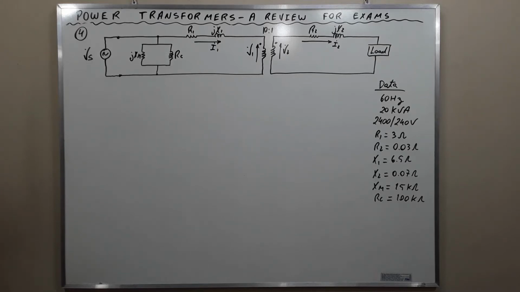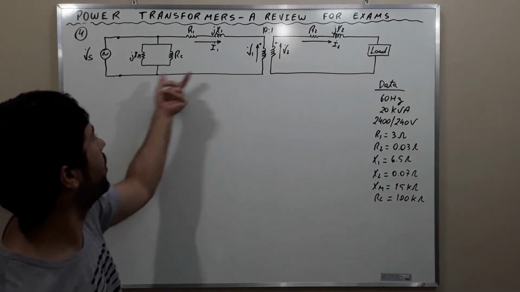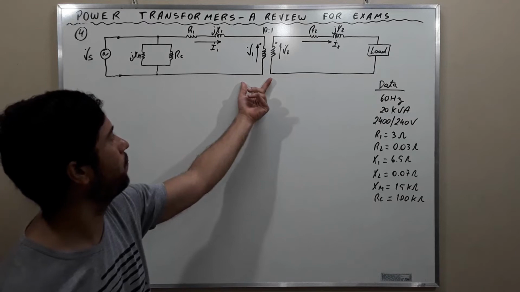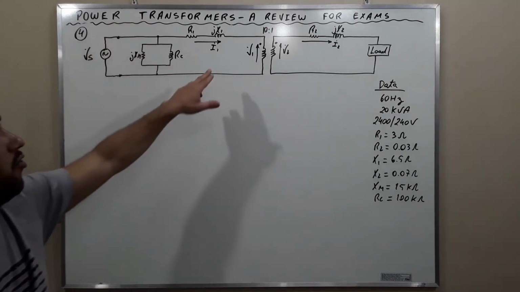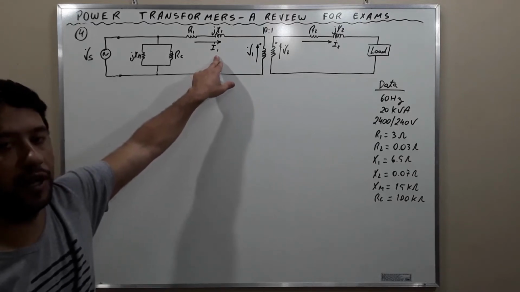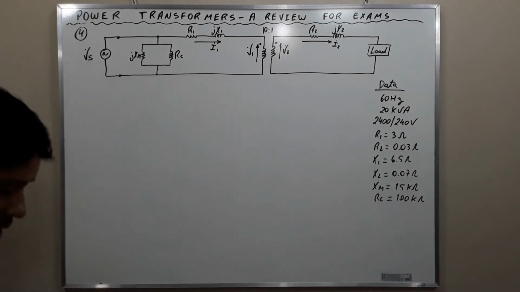The best model uses the magnetization branch here, but as the magnetization current is much less than this current, there is going to be only a very small impact on accuracy. We can confidently do this.